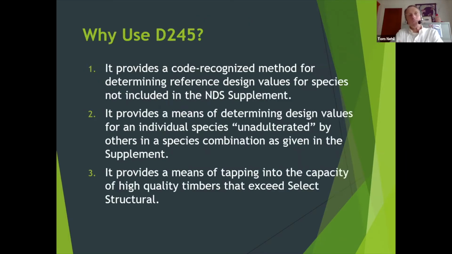So several good reasons for using D245, and one is that it will provide us a code recognized method for developing these values for species that aren't in the NDS. That book is set up right now for what are considered commercially viable species, and there's quite a few in there, but historically we've used quite a few more species than are currently found in that code book.